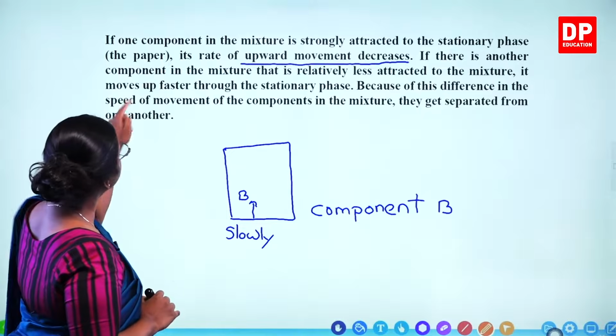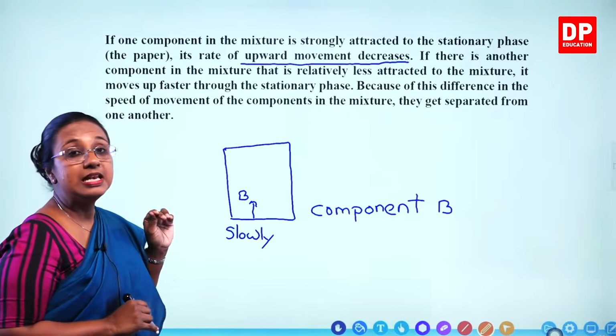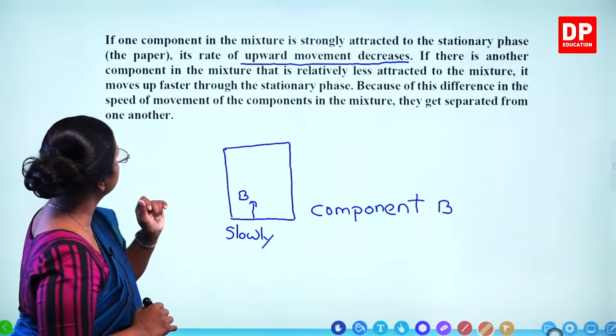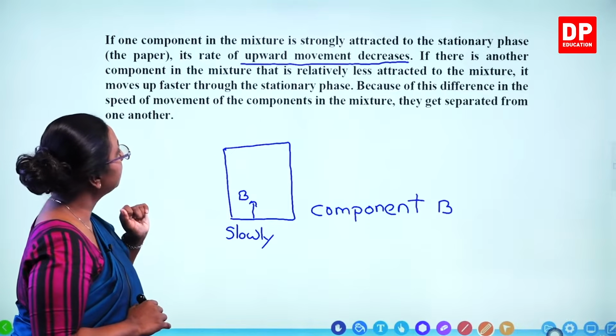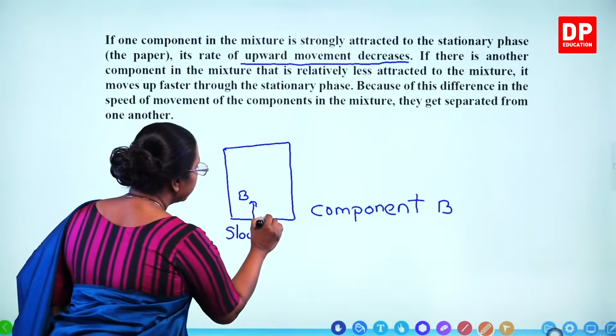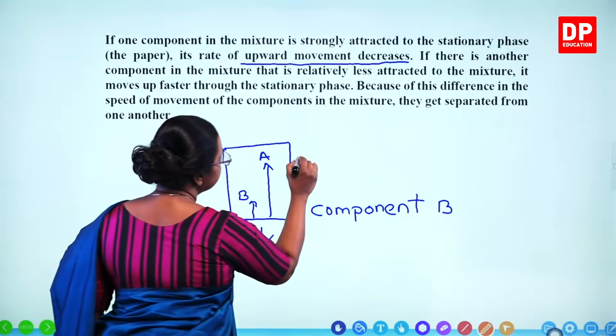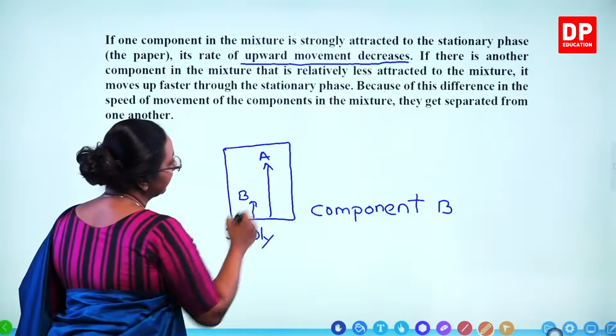If there is another component in the mixture that is relatively less attracted to the stationary phase, it moves up faster through the stationary phase. So, there component A moves faster because this prefers the mobile phase.